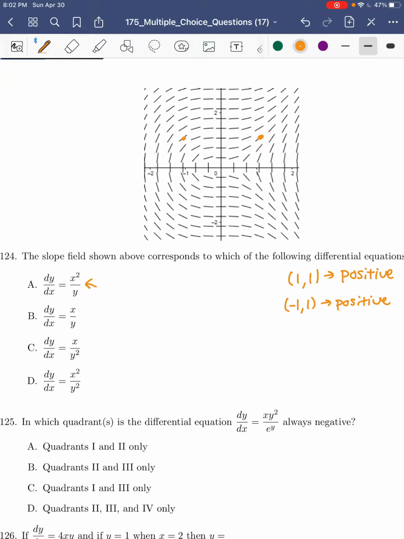If I plugged in negative 1, 1 to B, this would give me a negative. So that's not what I want. Same thing goes for C. If I plugged in negative 1, 1, it would make it negative, so it can't be C, but D is okay. Now let's look at 1, negative 1.